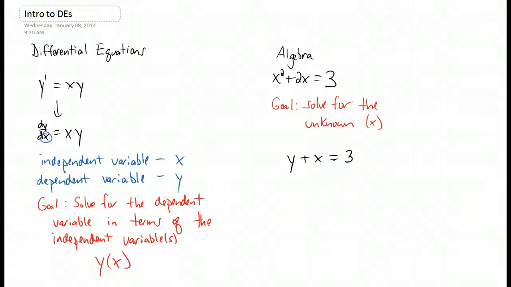But in differential equations, I can't really off the top of my head think of a time if you actually have a differential equation, the goal is always to solve for y in terms of x, or for the dependent variable in terms of the independent variable. Sometimes that's not even possible, but the goal is always to learn more about this function right here.